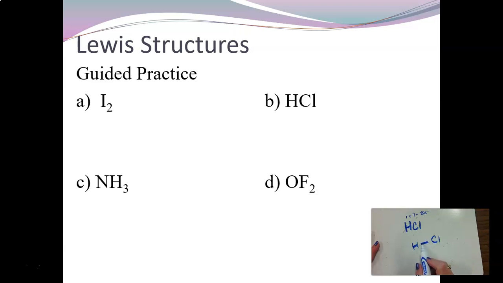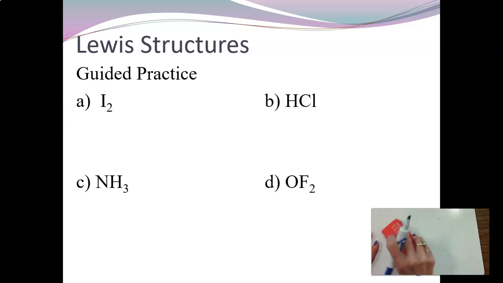When it has one and it shares one of chlorine's, it has its octet. So I'm going to put the remaining electrons around chlorine as lone pairs. Chlorine has its octet also, 2, 4, 6, 8. So a total of 8 electrons in my structure. What shape? It's a linear molecule, just a straight linear molecule.